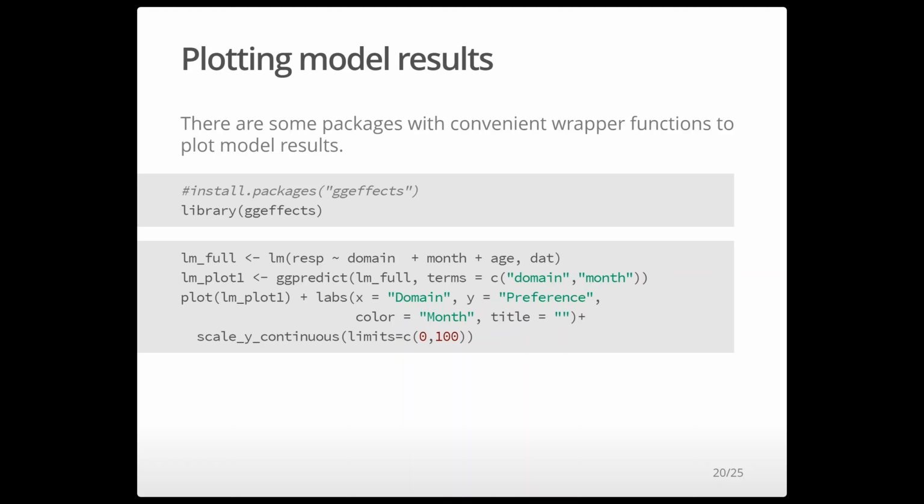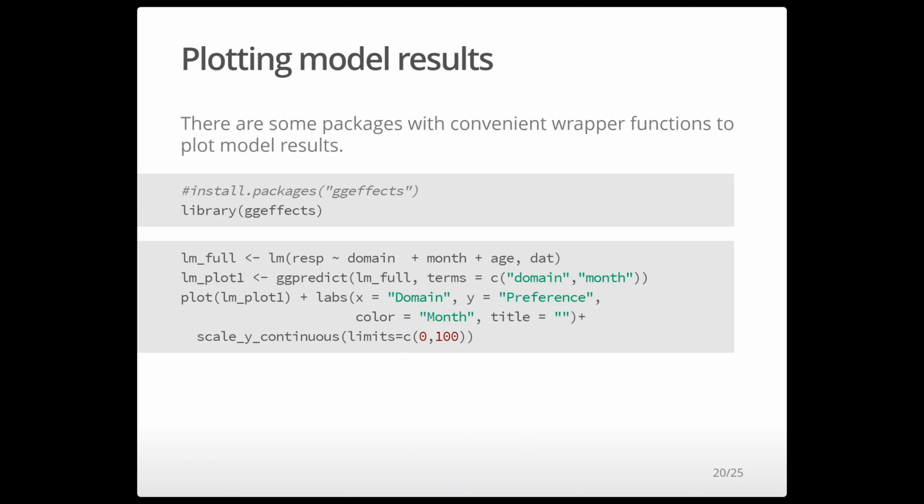Then I'm going to create a ggeffects object by calling the ggpredict function on the model, and I'm going to set the terms that I want to predict. The first term is what the x-axis is going to be, and the second term is the moderator, the factorial term, the grouping term.